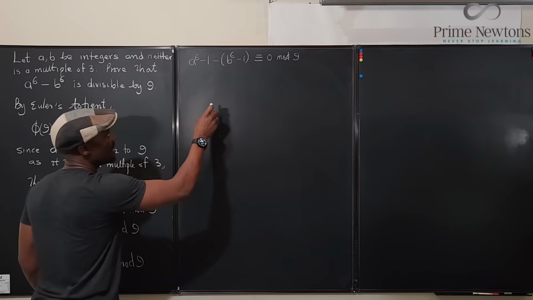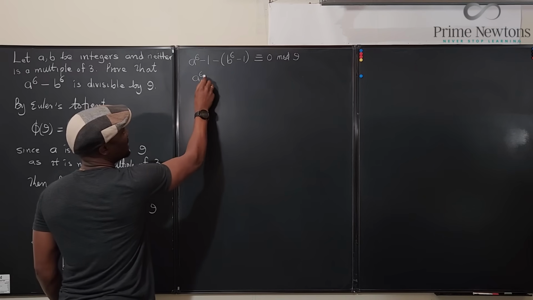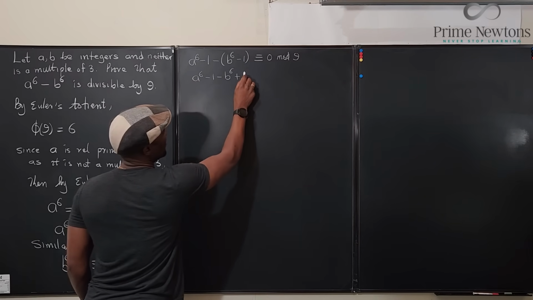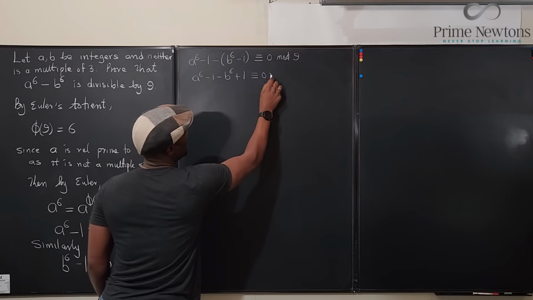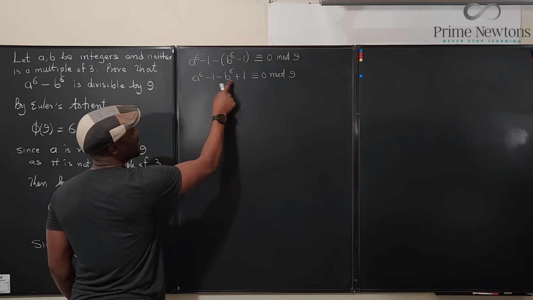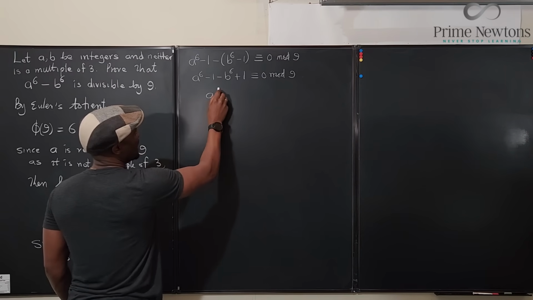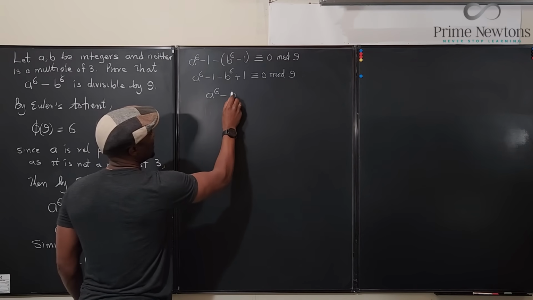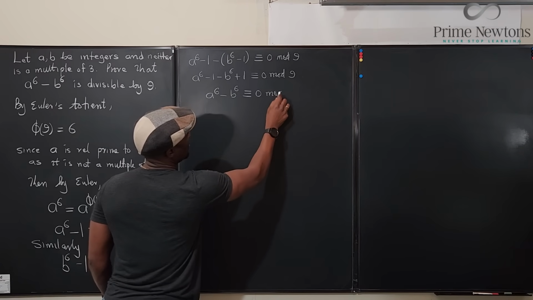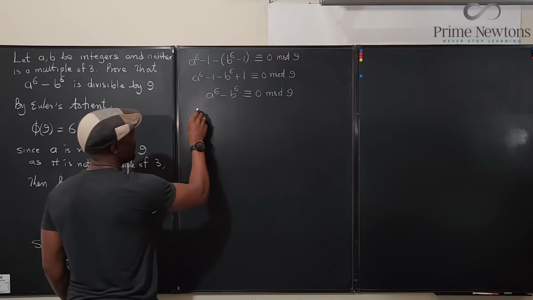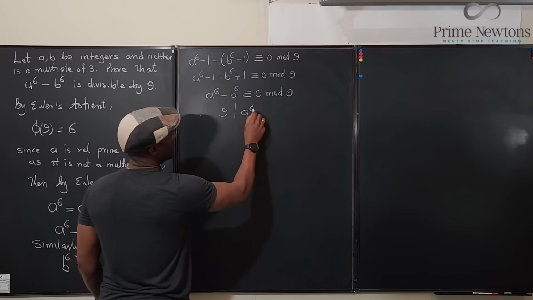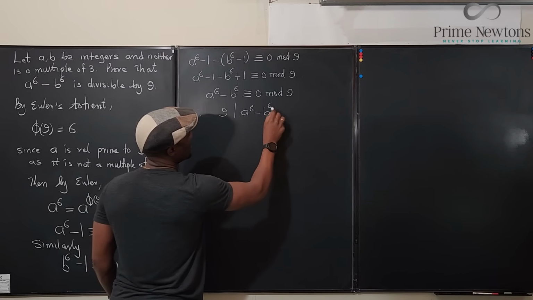Okay, as you can see, this is the same thing as A to the 6th minus 1 minus B to the 6th plus 1, which is congruent to 0 mod 9. And looking at these, the two cancel each other out. A to the 6th minus B to the 6th is congruent to 0 mod 9. Therefore, 9 divides A to the 6th minus B to the 6th.